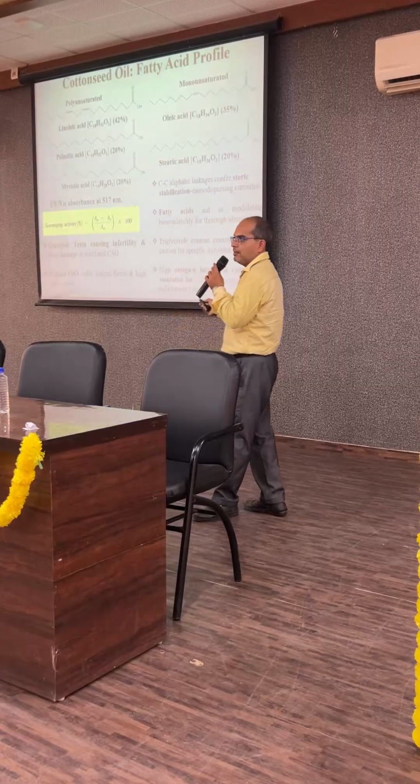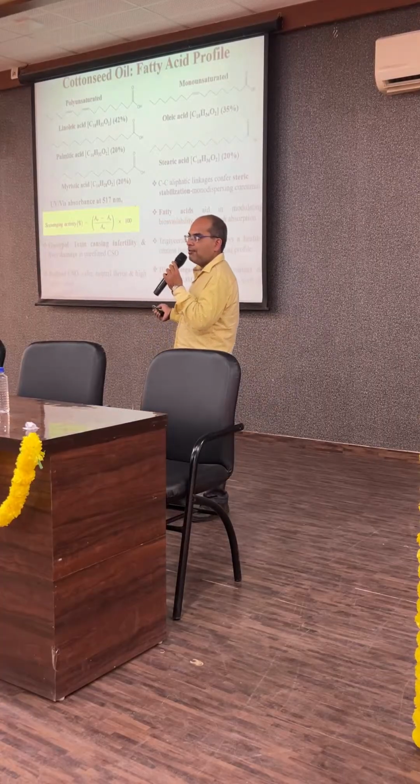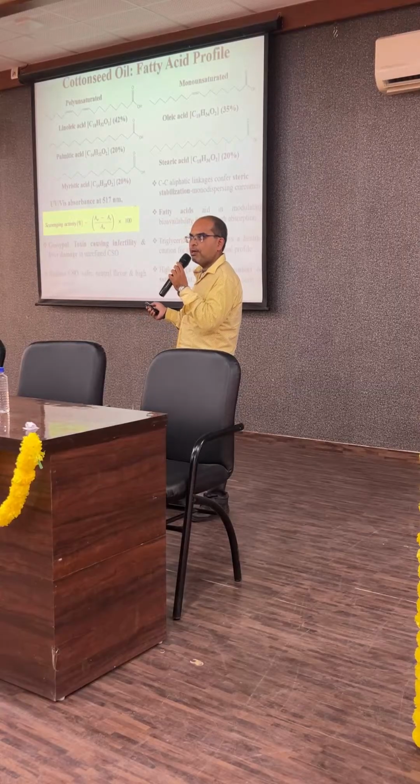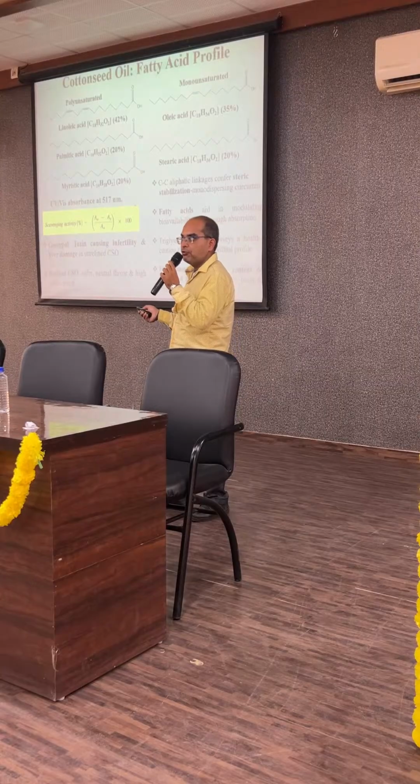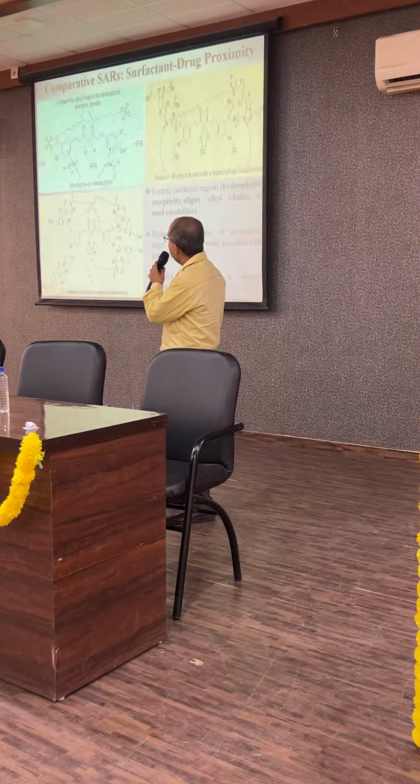I would like to say a brief word about cottonseed oil, because I have used it as the dispersion medium, the dispersed phase for my curcumin. The dispersed phase is actually the minor component in the emulsions, solute-like.